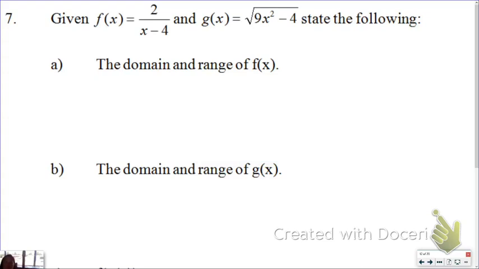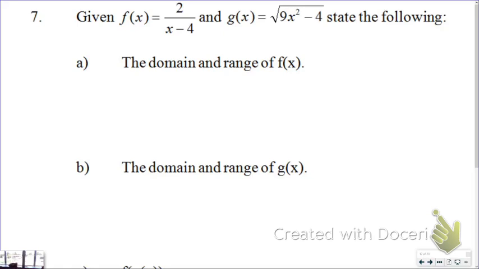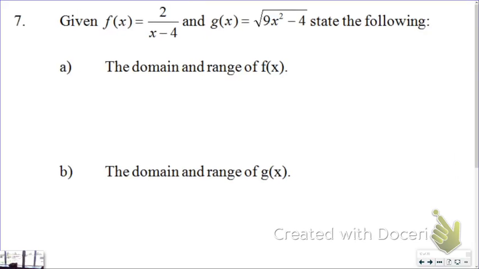We've talked about domain and range. So I will say that when you talk about domain, even though you're asking what can x be, I want you to think, what can't x be? Okay? What can't x be?